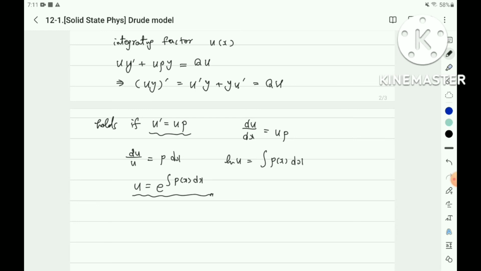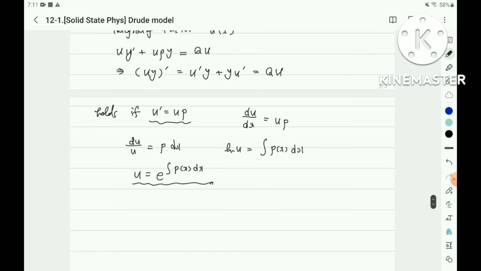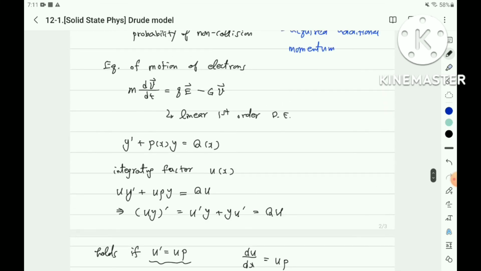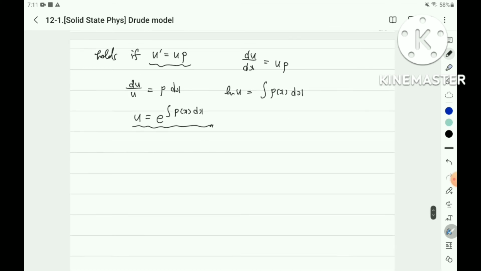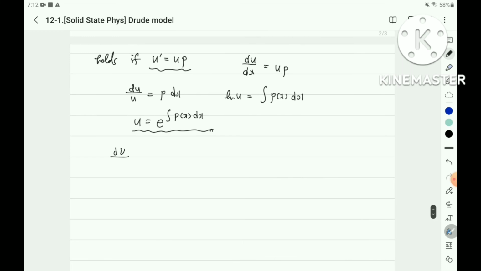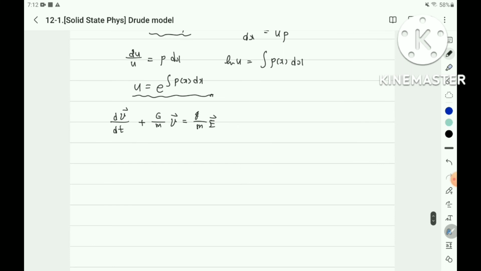Therefore, we can solve the equation of motion by writing it down in the standard form: dv/dt plus g/m v equals qE/m. It is the standard form of a linear first order differential equation.